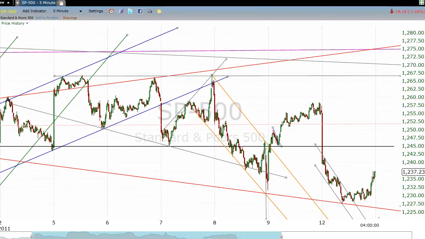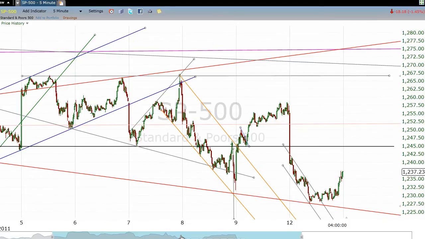So that leaves us sort of near the bottom between this line and this line. But I think we still consider this line as support because it should be. However, I think we now have to look at this black line right here as being some mild resistance because it was some support back here.